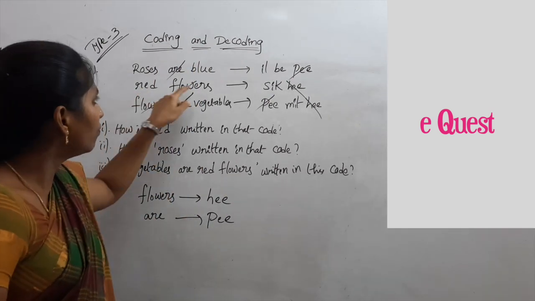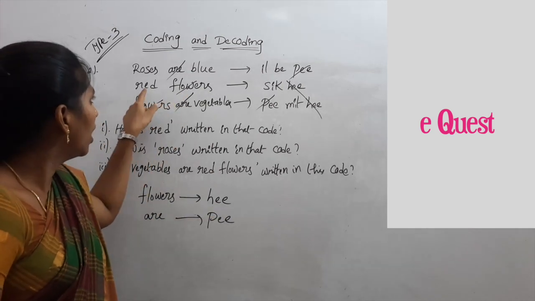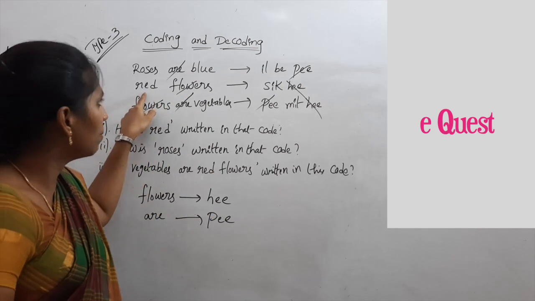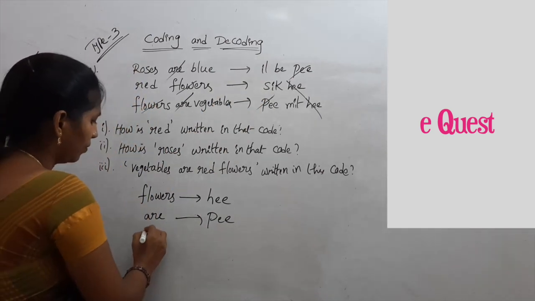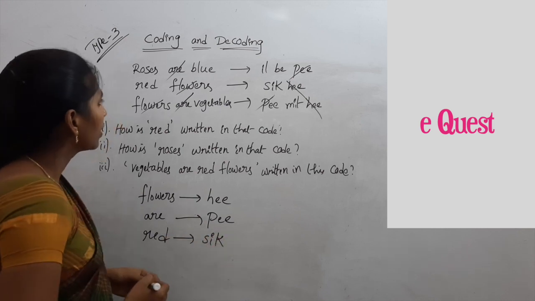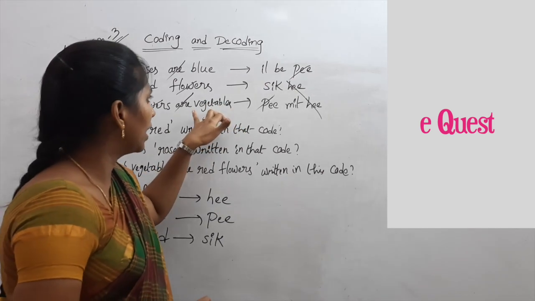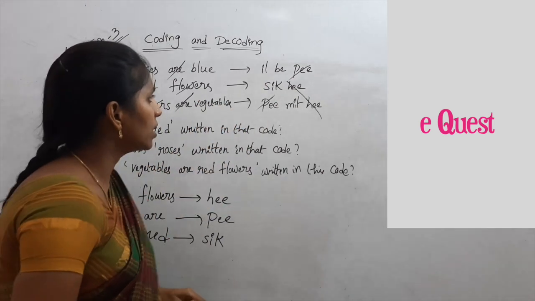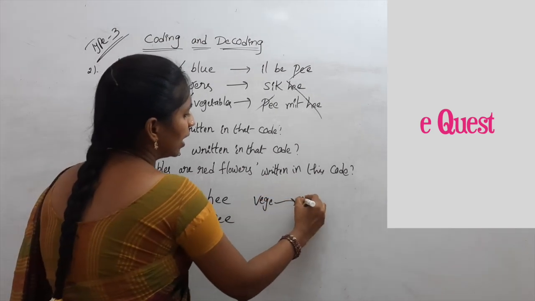And here red flowers. Flowers code is HE, and which is remaining? Red is remaining. So red's corresponding code is SIK. And here vegetables. Vegetables is remaining, and vegetables' corresponding code is MIT.